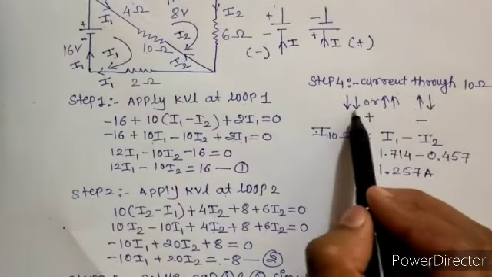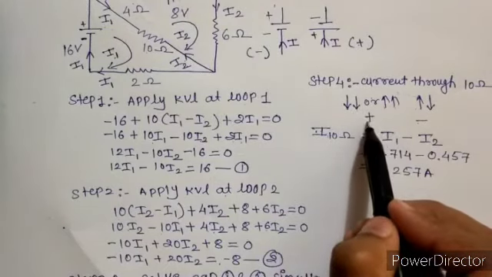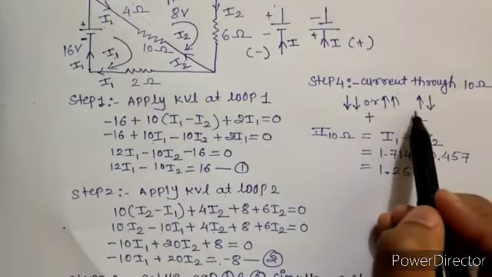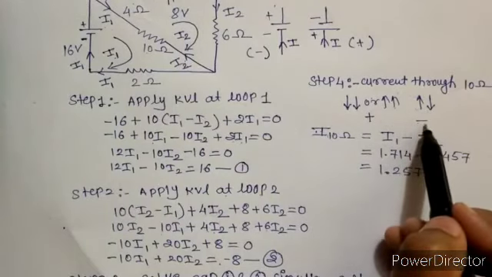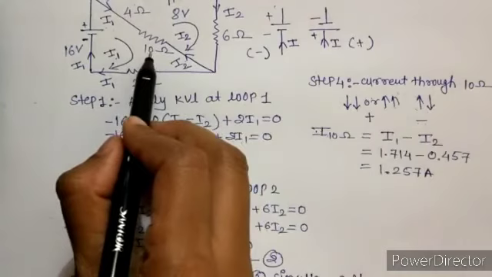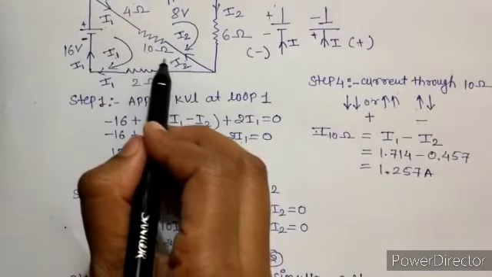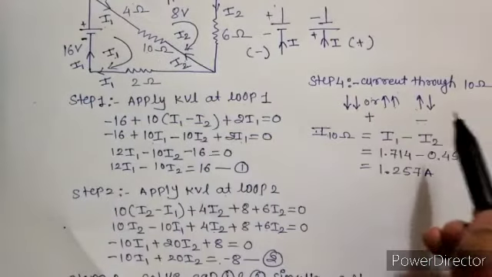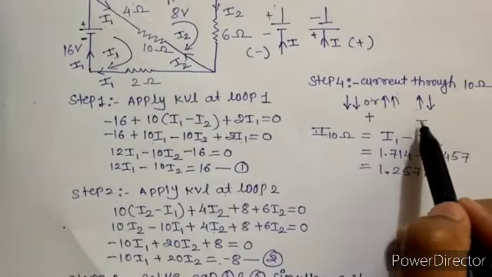Step number 4, current through the 10 ohm resistance. If the currents in both are in the same direction, downward or upward, then take it as positive. If one current is upward and the other is downward, take it as negative. In the 10 ohm we can see that I1 is in the downward direction and I2 is in the upward direction. It means both currents are opposite, so take it as negative.